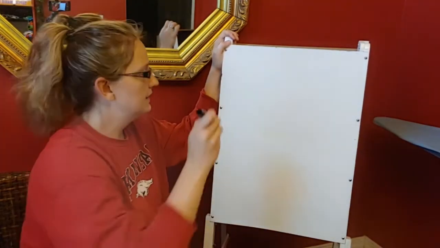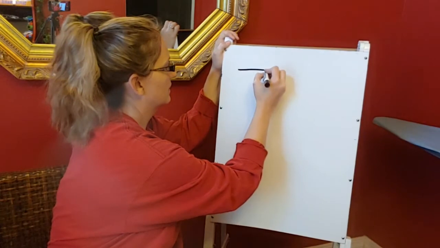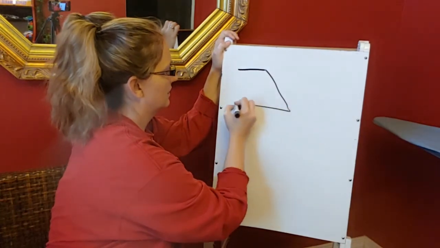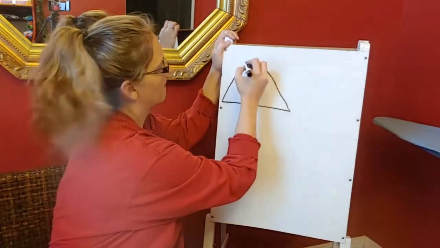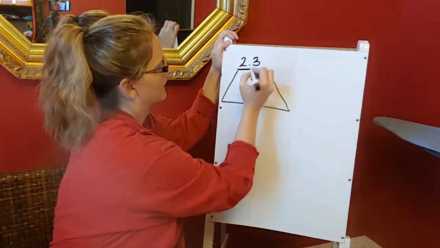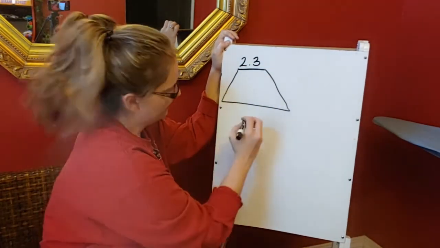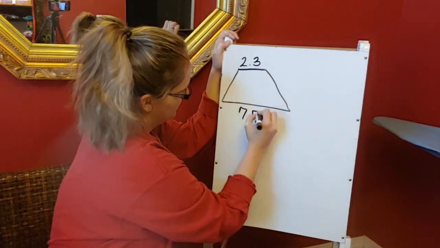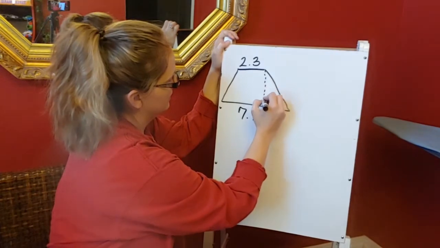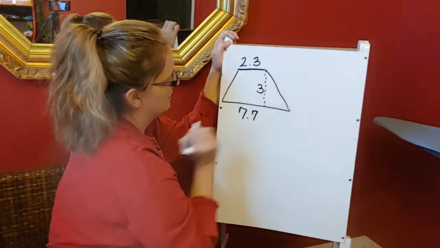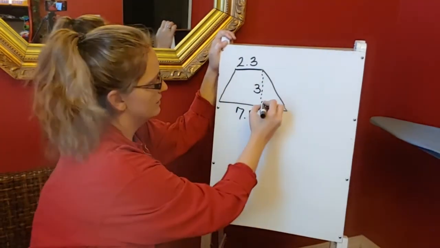Okay, and then lastly, I'm going to look at a trapezoid. That top side is 2.3, this bottom side is 7.7, and my height of this is 3.